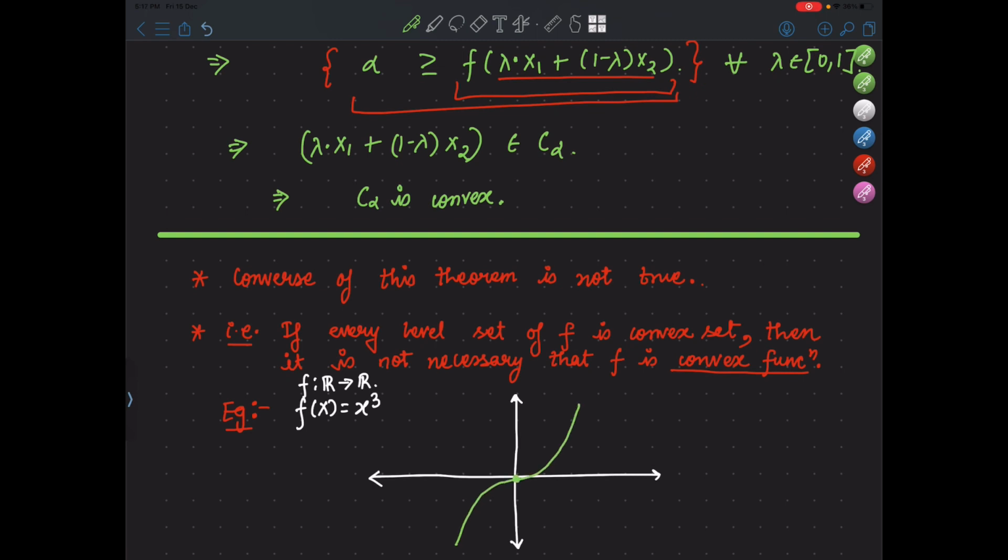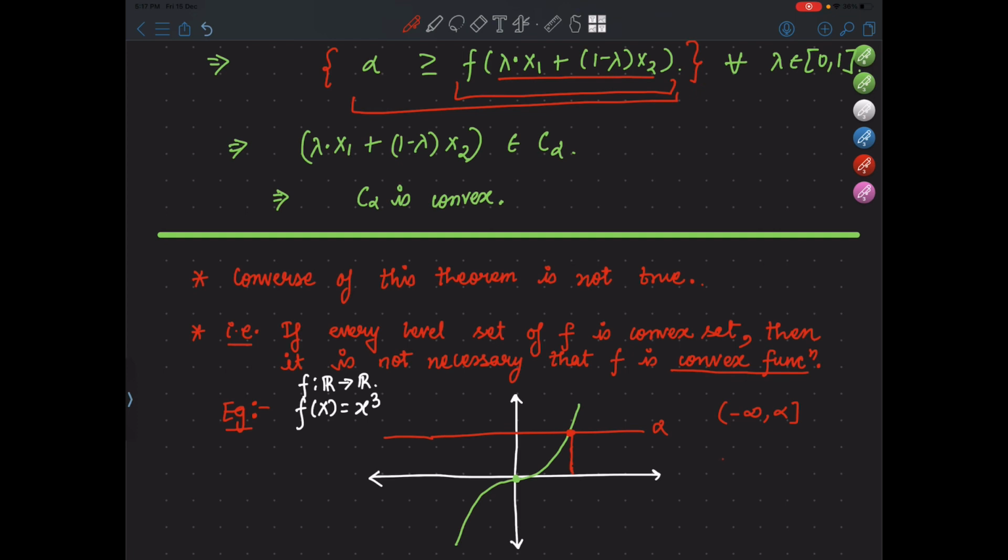If you look, every level set of this is convex. If the value is some alpha, the level set is actually minus infinity to alpha. So this is a convex set, but the function is not convex.